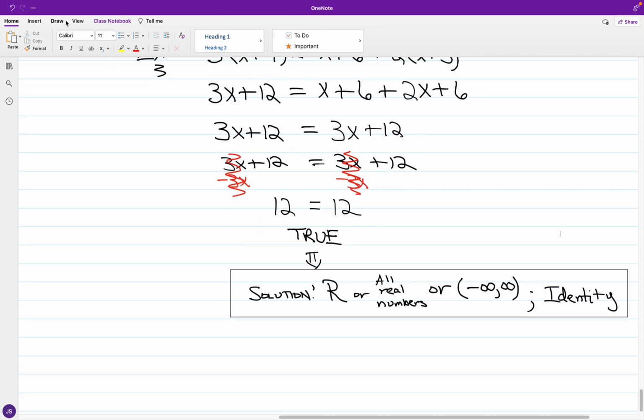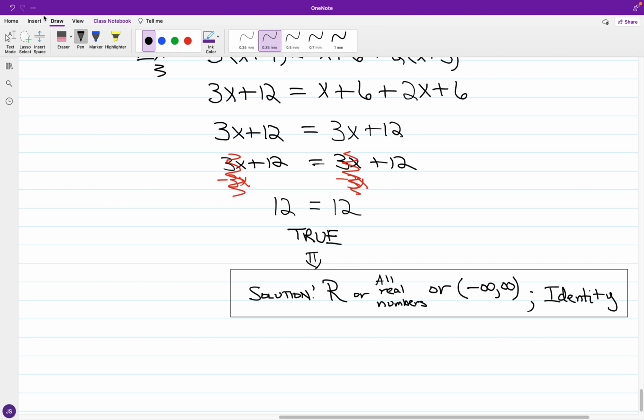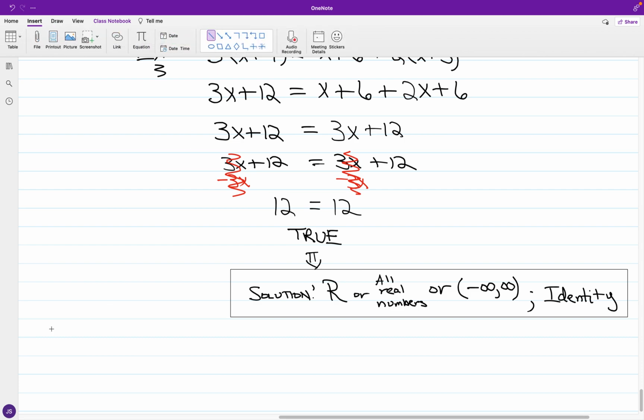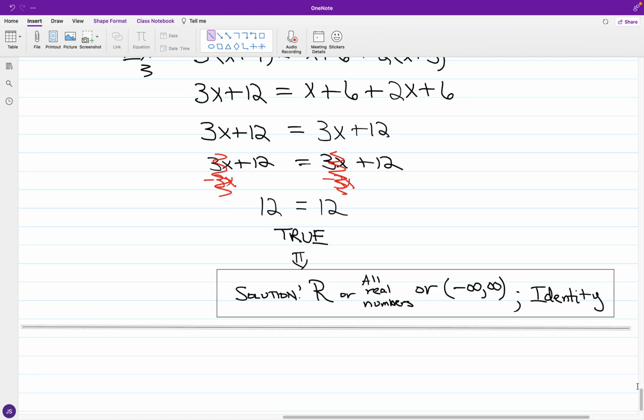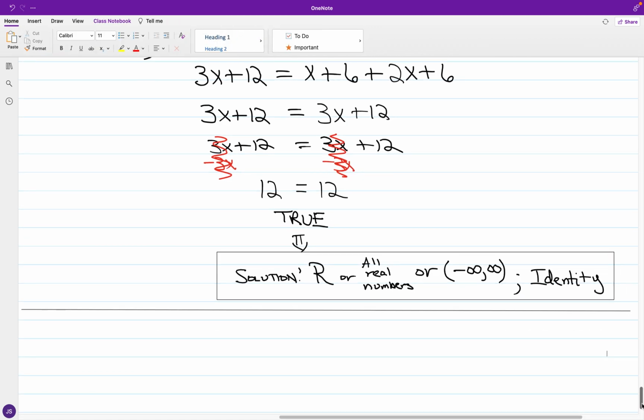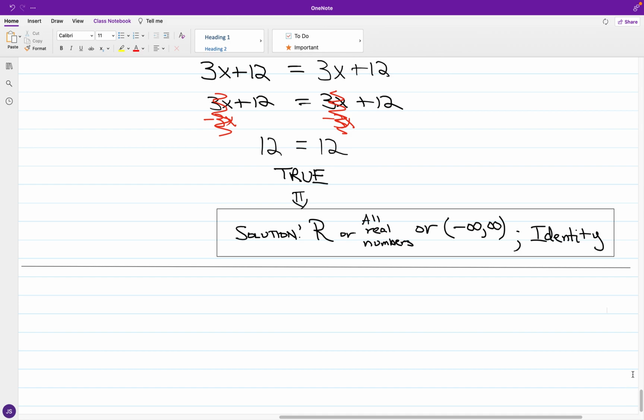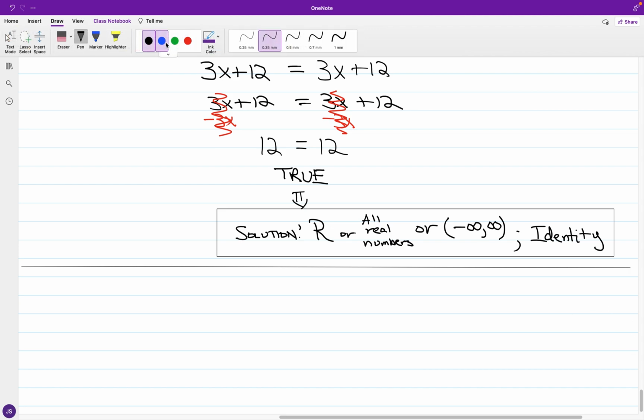Alright, and for what we have in the case of equations, you have equations of varying degrees, and one that we're going to be looking at quite a bit, especially throughout the course.